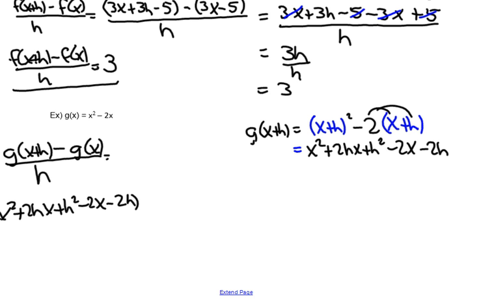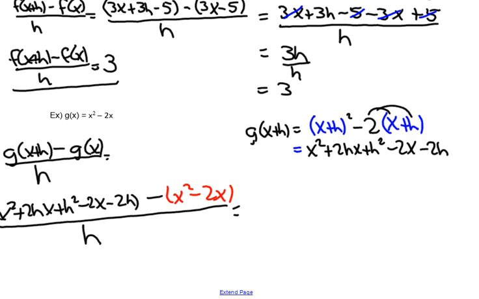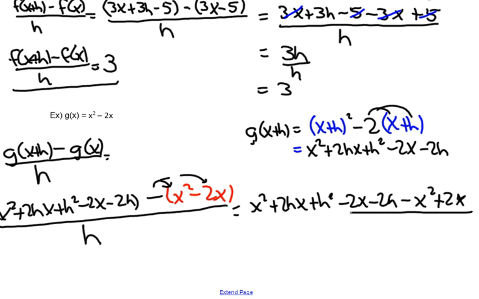Now remember the original function, that's g of x. In this case, that's x squared minus 2x all over h. Distribute the negative, which I'll do here and here for this. Okay.